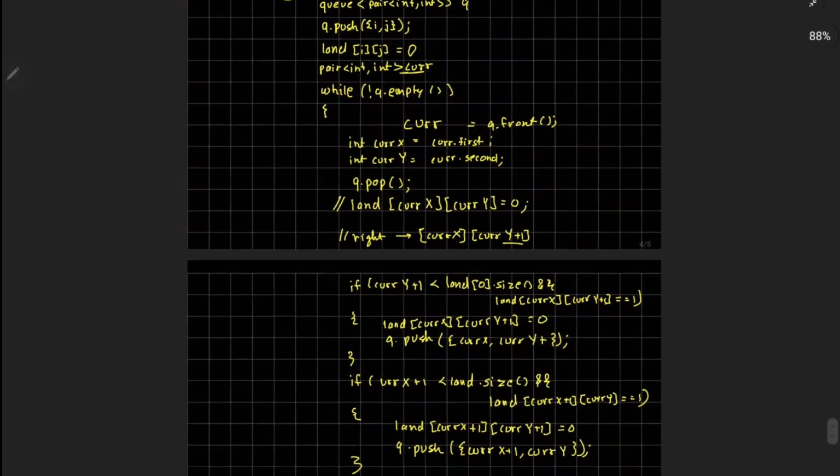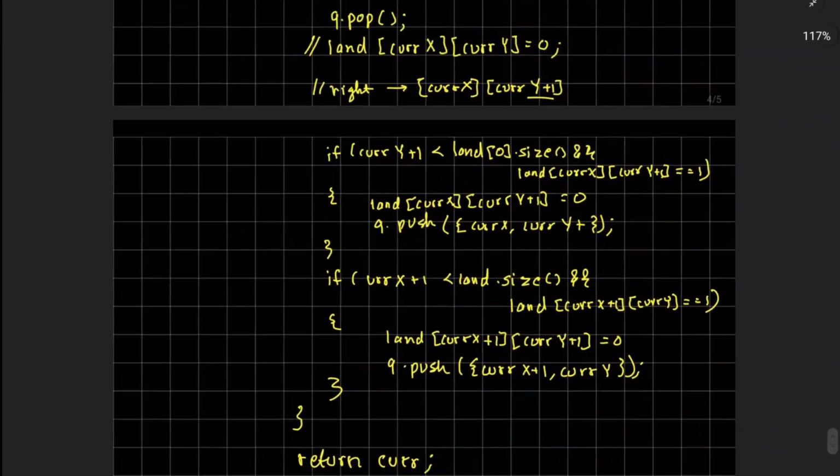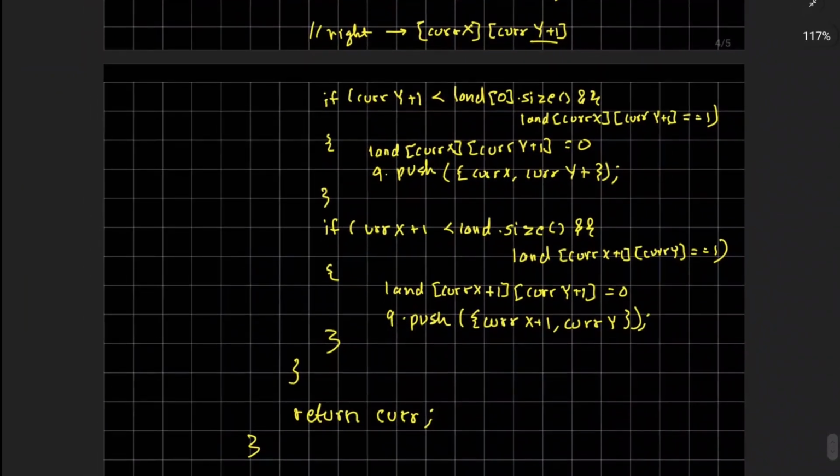The thing is that it's inefficient because here we are traversing all the groups again as we traverse the matrix. So now let's move on to the optimal approach of this problem.